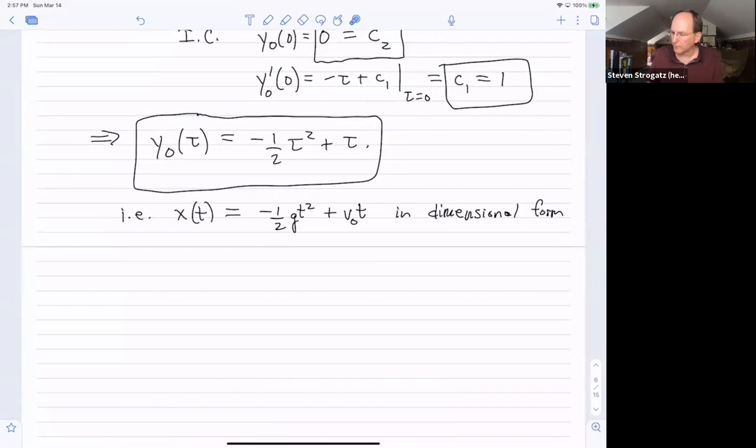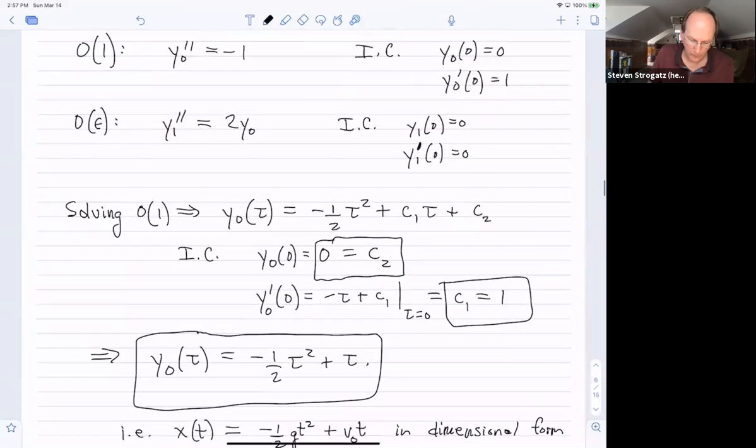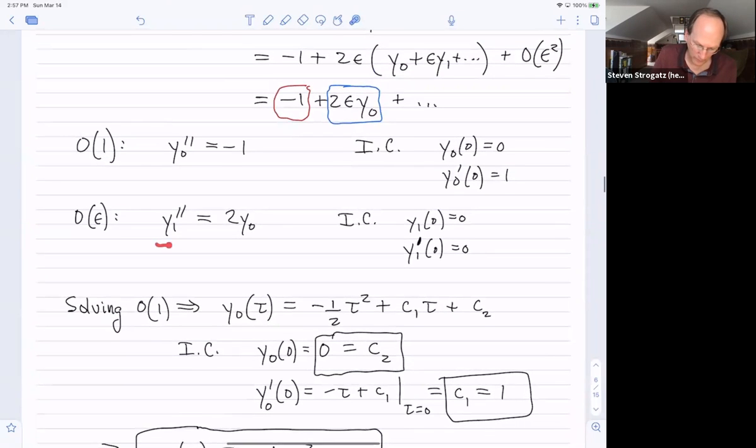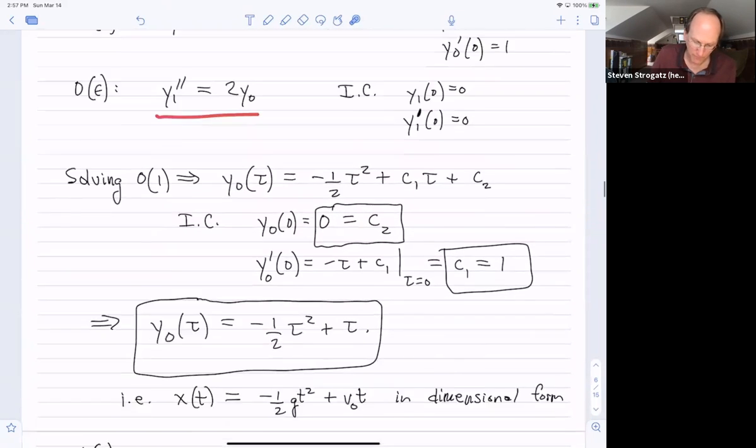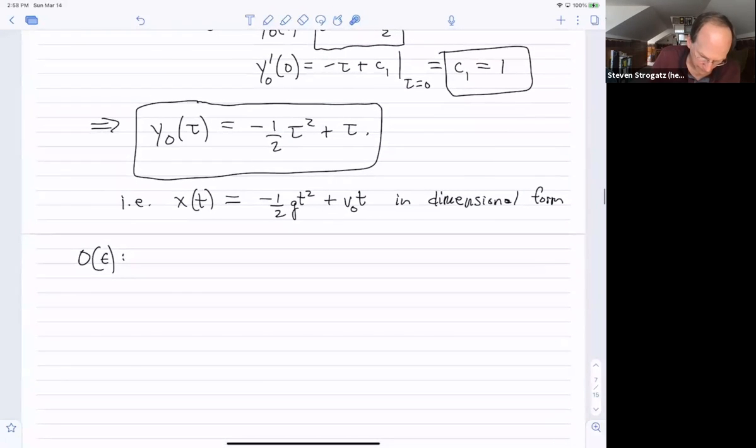Okay, let's solve the Y1 problem. So we have at order epsilon, we wrote earlier this, Y1 double prime is 2Y0.